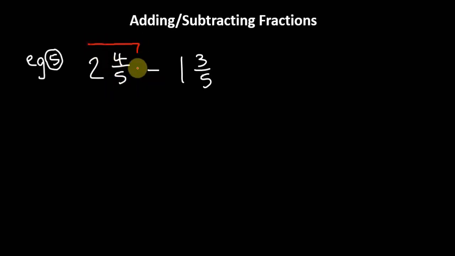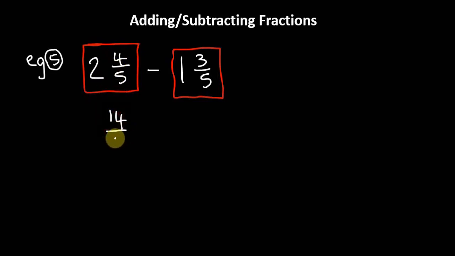So we're going to convert this 2 and 4/5 to an improper fraction, and we'll do the same for this 1 and 3/5. Now when we convert 2 and 4/5 to an improper fraction, we'll end up with 14/5. And if you're not comfortable with converting from mixed to improper, then please check out the description section of this video. I'll have the link to a video where we go in depth in teaching that concept.